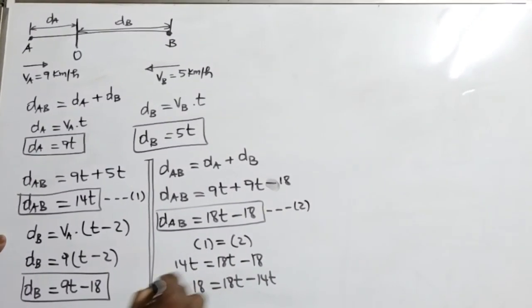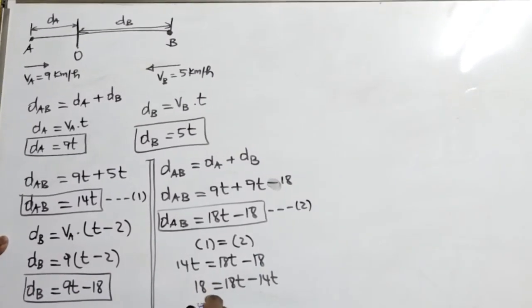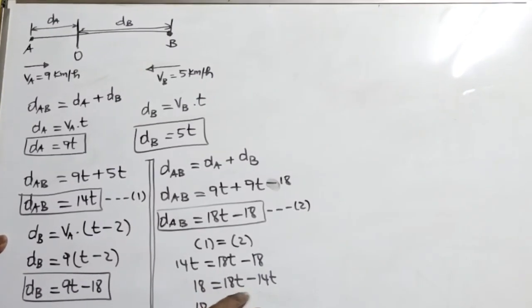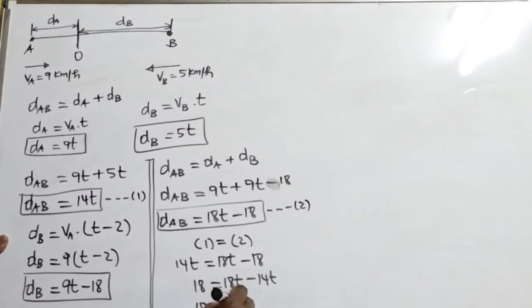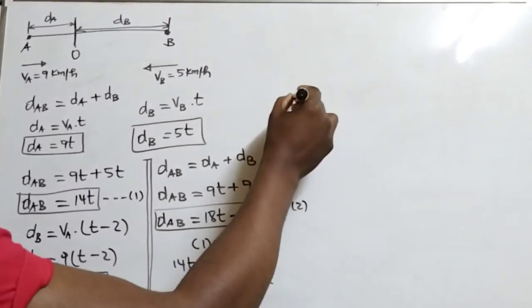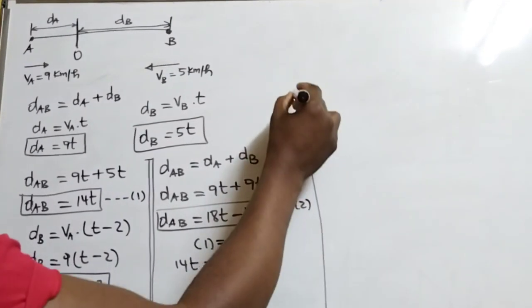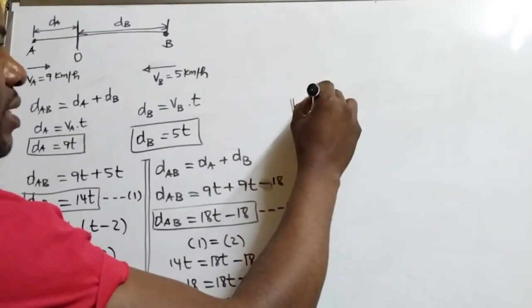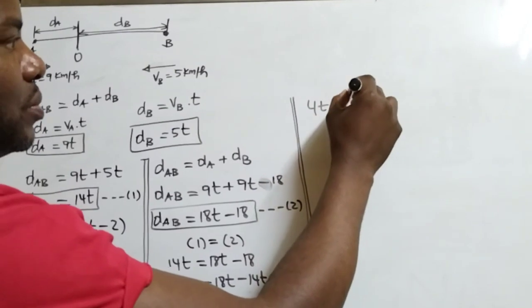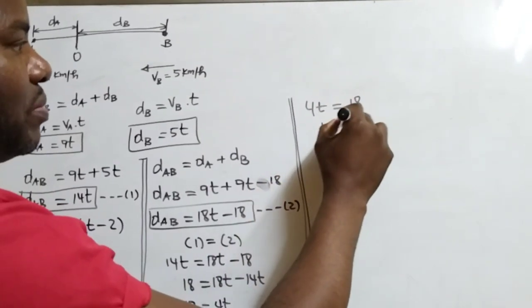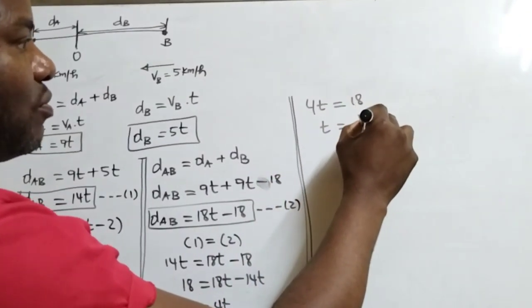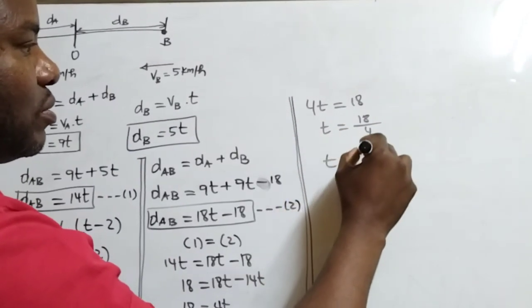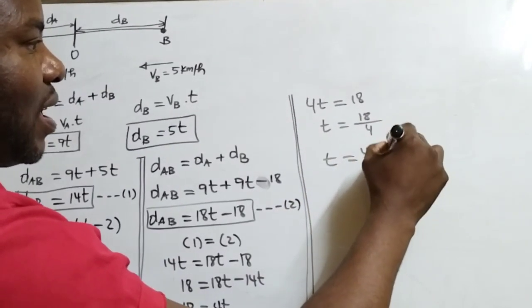I'm going to have 18 will be equal to 18t minus 14t, which is 4t. So 4t will be equal to 18. So t will be equal to 18 over 4. t will be equal to 4.5 hours.